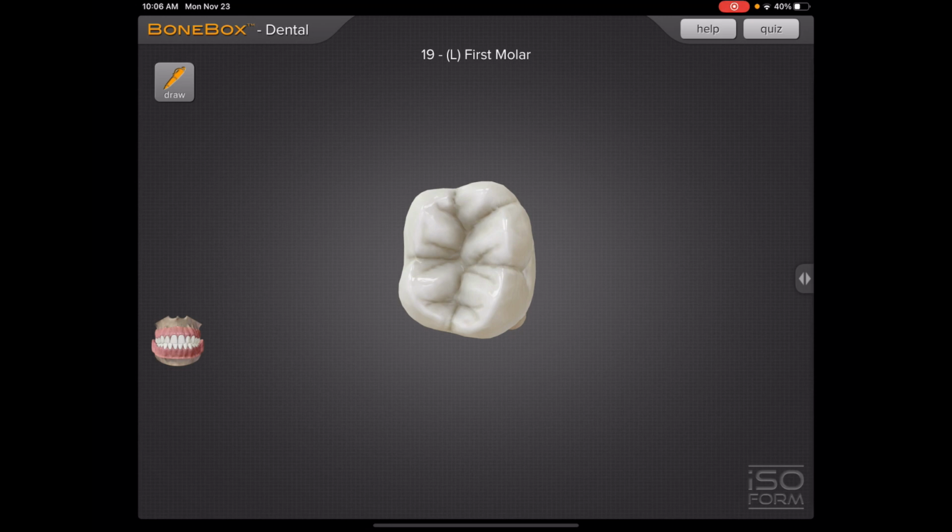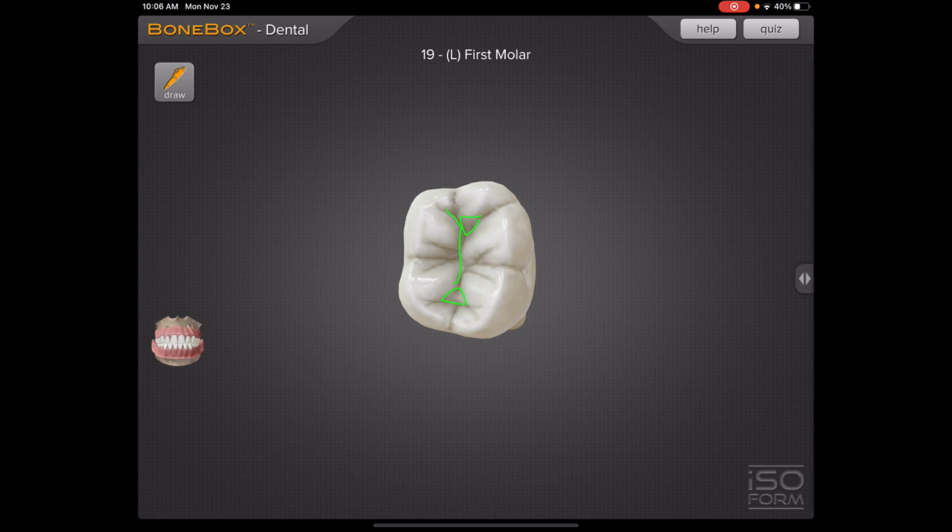You have a triangular fossa here, and also a triangular fossa here. It is present between the branches of the central developmental groove when they terminate before the proximal marginal ridges in molars and premolars. So true enough, the developmental groove is here.